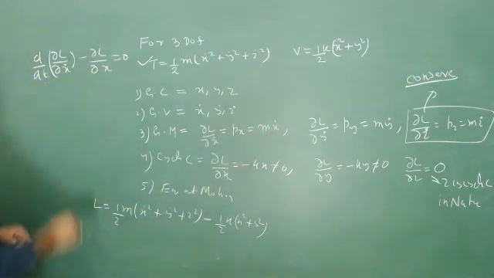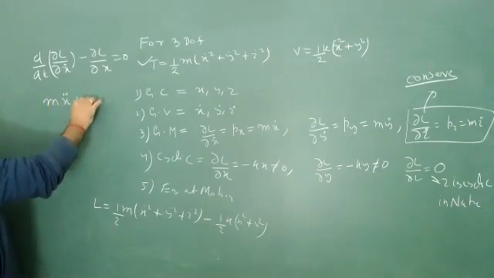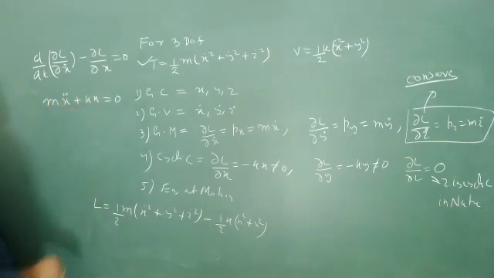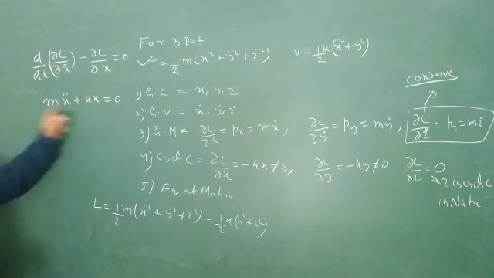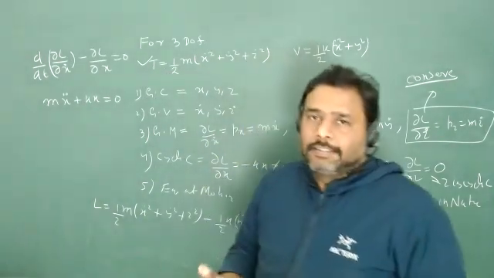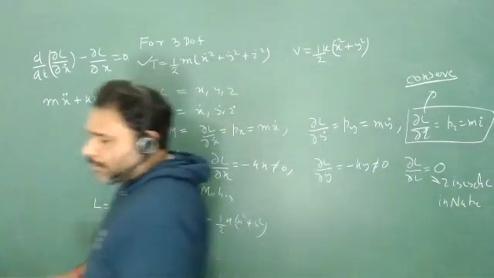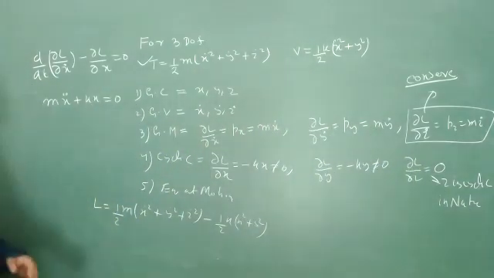You differentiate it again, then you have m x double dot plus kx equal to 0. Look, it is just like an equation of motion, isn't it? m x double dot plus kx is a second order differential equation in the coordinate with time. So this is just like Newton's law, just like a harmonic oscillator, isn't it?